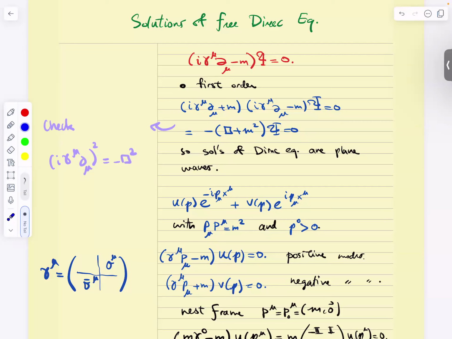So there is a sense in which you can construct something that looks like Klein-Gordon-ish here, and that's what we're going to use. But this is something for you to check. This is just from everything that you know, you could check this identity.